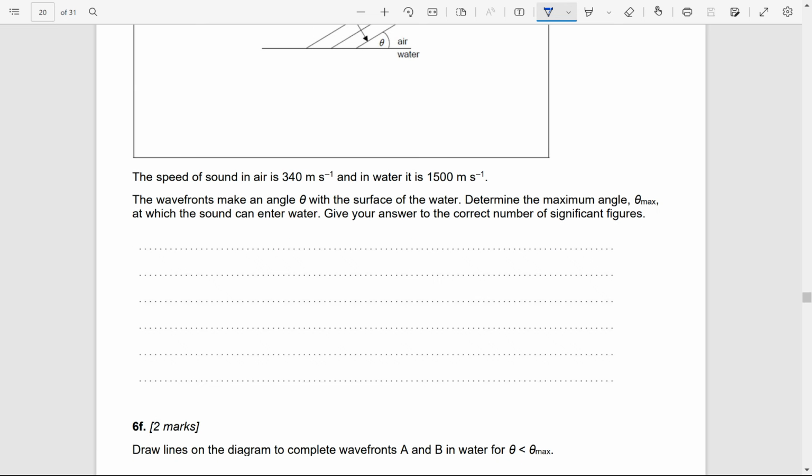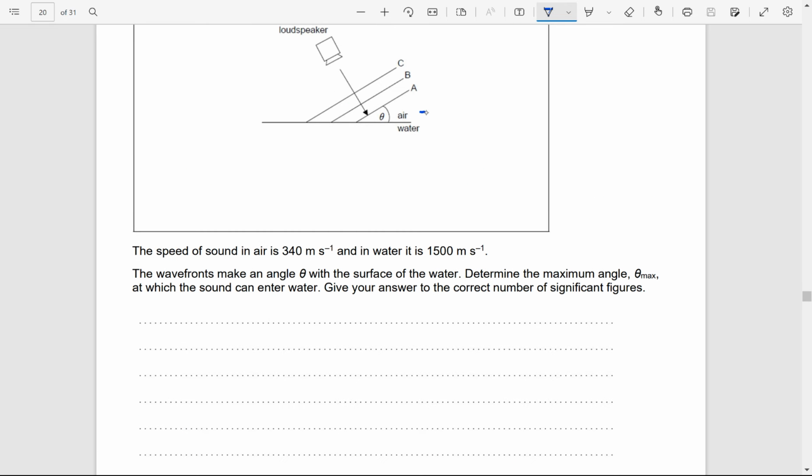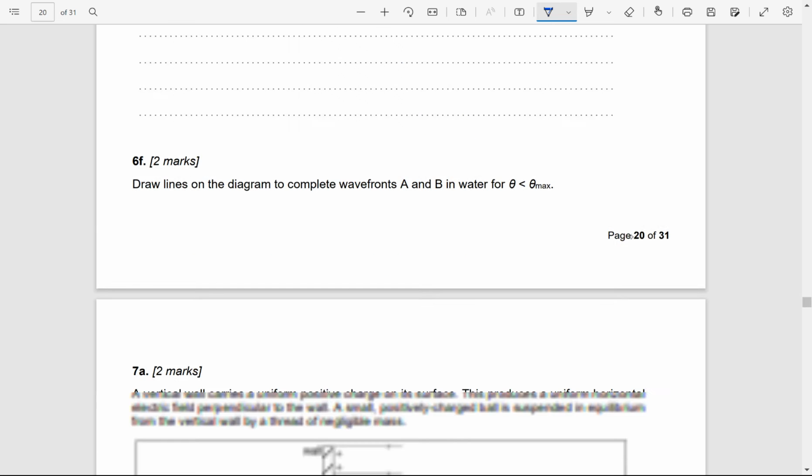So they've given us the speed of sound in air, which is 340. And they've given us the speed of sound in water, which is 1500. And we're asked to determine the maximum angle at which the sound can enter the water.